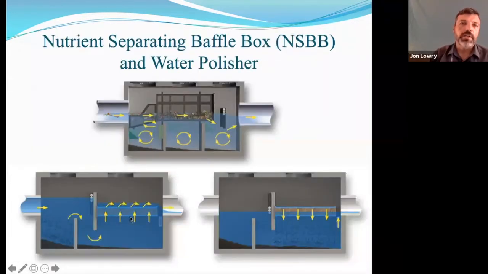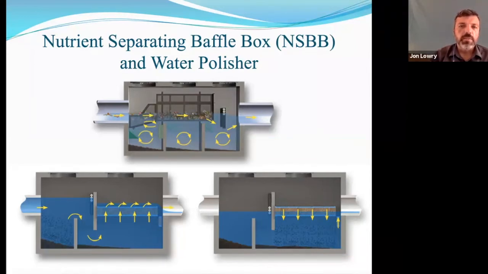Another type of large-scale device that we use is a nutrient separating baffle box and or a water polisher. Sometimes we have a combination of these two devices. But basically, this is a large vault that is put in usually toward the end of a long run of inlets.